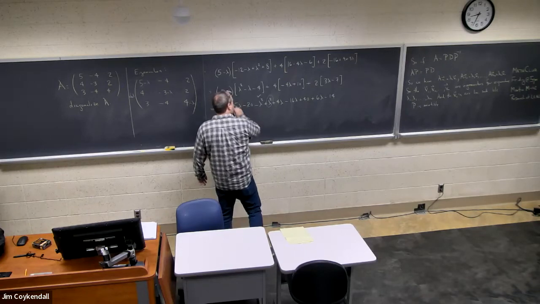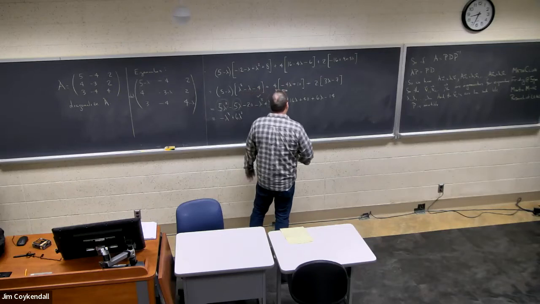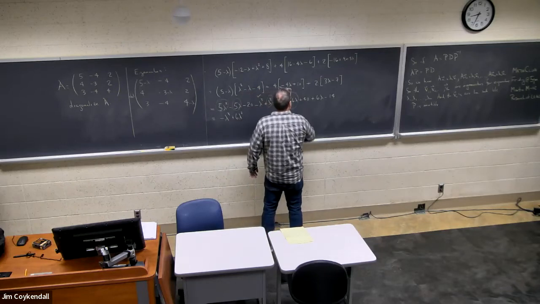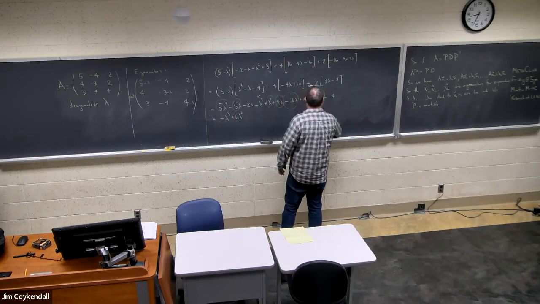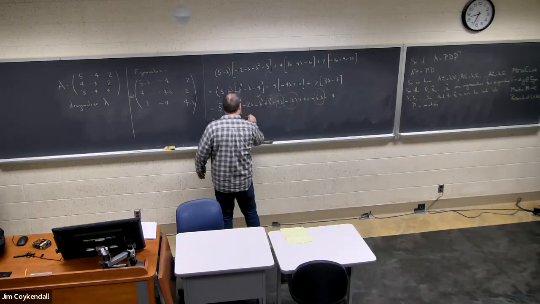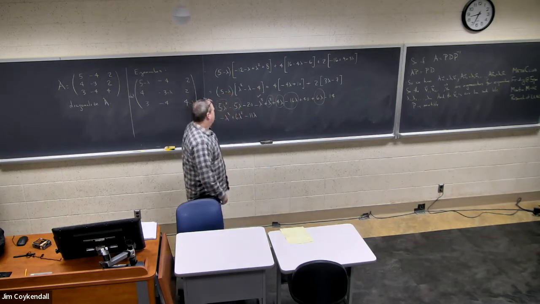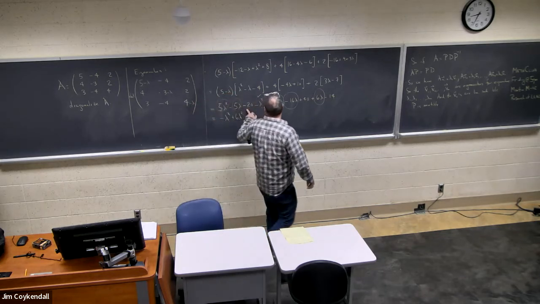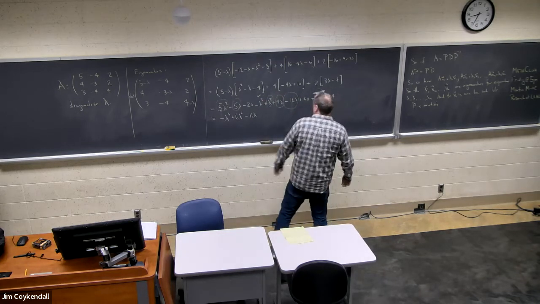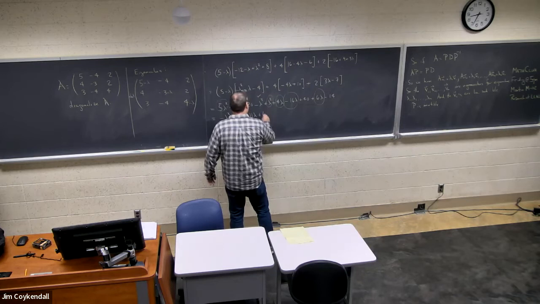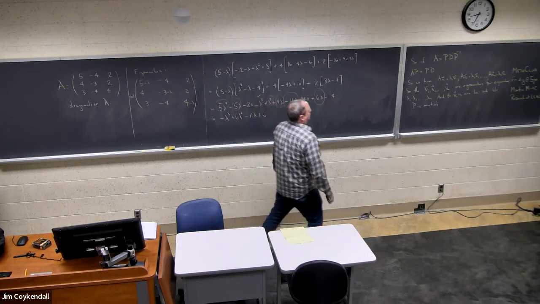I get negative 5 plus 4, that brings me to negative 1, negative 16, negative 17, plus 6 is negative 11. And what do I get for my constant? I get minus 20 plus 40 is plus 20, minus 14 is plus 6. Perfect.